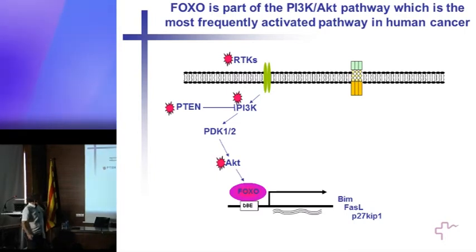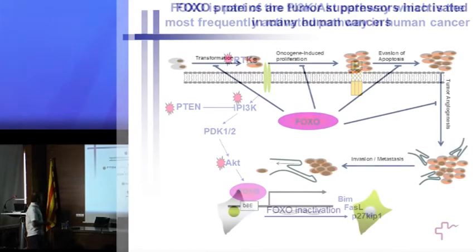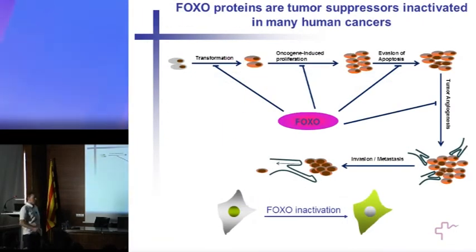And Foxo transcription factors are very conserved proteins and are the major transcriptional output from this pathway. Foxo proteins have been established recently as bona fide tumor suppressors. They block many different steps of tumor formation and progression.